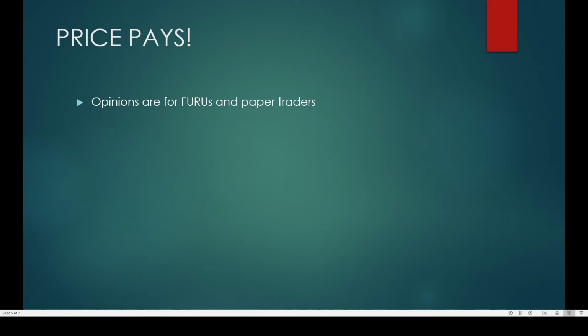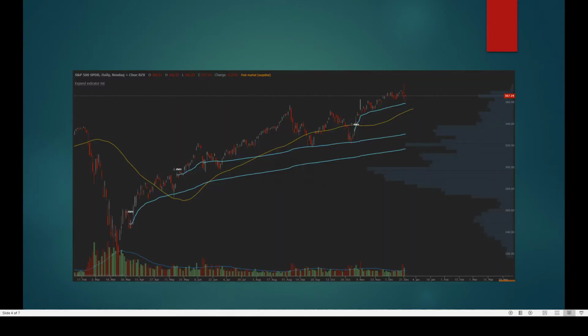Price pays. As you can see from my last slide here, I like VWAPs because they do not lie. They don't lie. Without a VWAP on your chart, and I'm going to get more into these and why they're so incredibly important, it's a lot easier to create an opinion about what the market is doing or what a stock is doing.